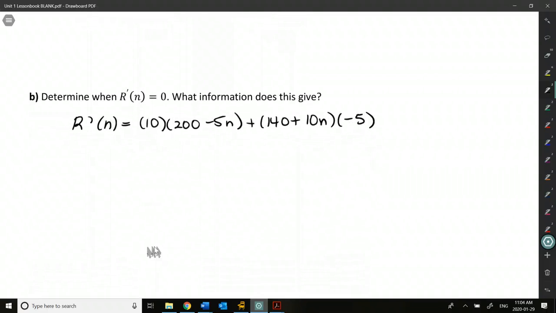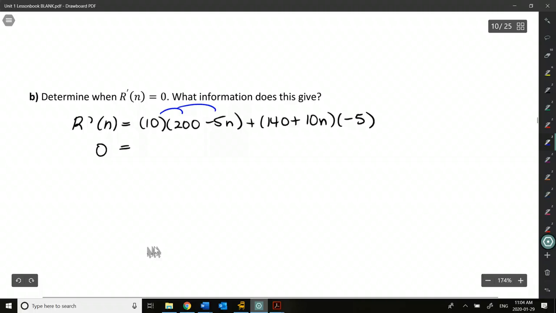Okay, so we want to know when r prime at n is equal to 0. I think we are actually going to have to expand and simplify this one so that we can solve for n. So we're solving for where the derivative of revenue is equal to 0.